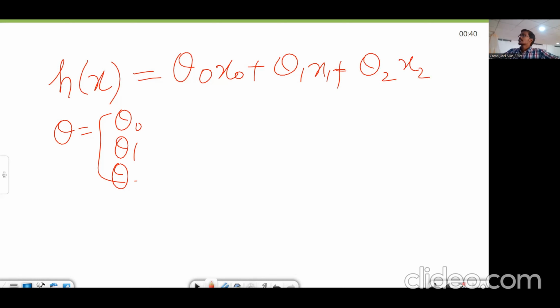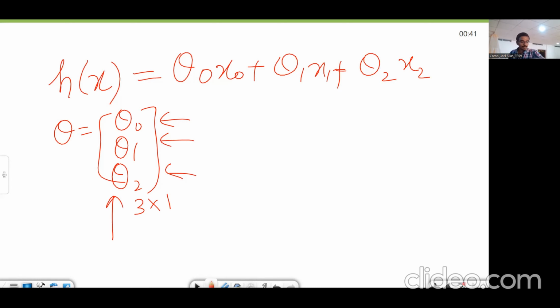In such a case, theta is a vector of theta 0, theta 1, theta 2. And the size of this structure is 3 rows and 1 column. So these are the rows, first row, second row, third row, and this is the single column.